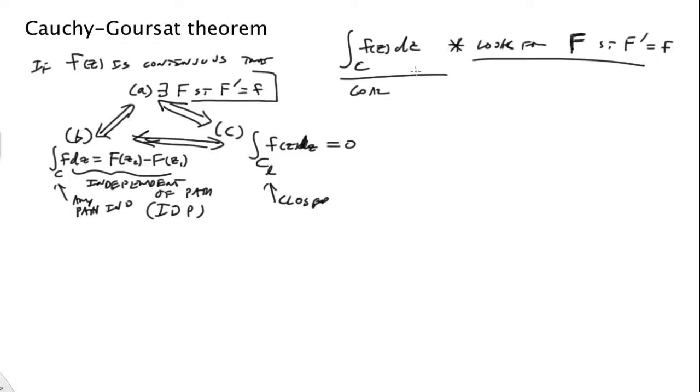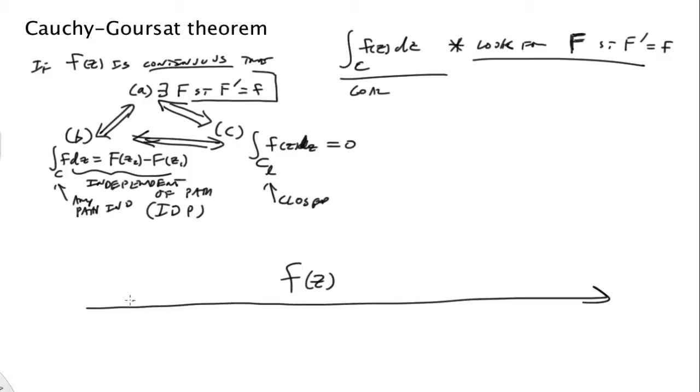Okay, so the idea, though, and I want to get a big perspective here. We have f of z, and the only thing we know about it is that it's continuous. I like to think of this as kind of on a spectrum of things. When we look for capital F, we want to find some function, capital F of z, such that when I take the derivative of it, I get f of z, right?